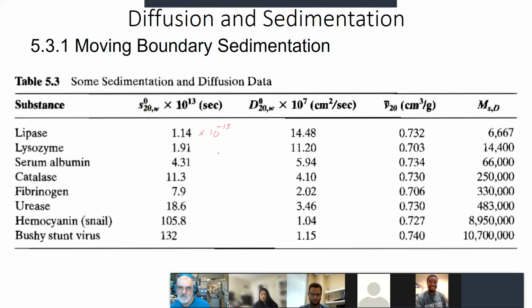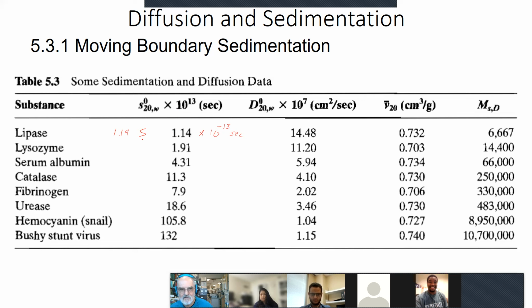Okay. The diffusion coefficient is expressed here, and this actually has the bigger units that we say. What we normally write is 1.14 S value, reflecting these units and reflecting the typical units that we like to use for sedimentation coefficient. The S stands for Svedberg.